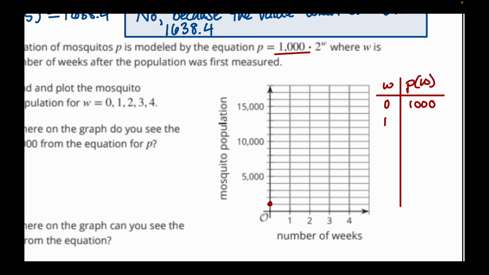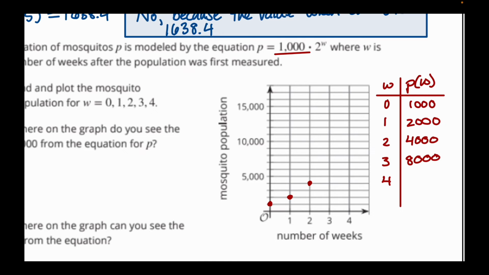If we are doubling it each week, it's going to become 2,000. So at 1 week, we would have 2,000. The next week, it would become 4,000. And they wanted 3 and 4. So after 4,000, it would become 8,000.